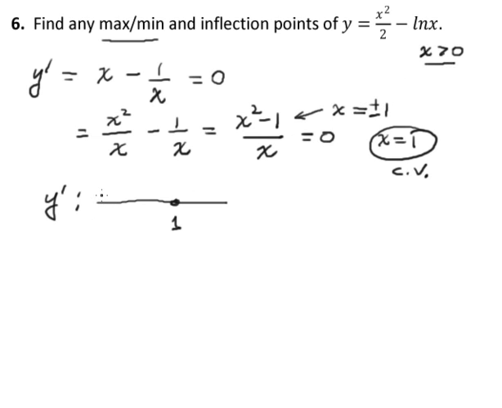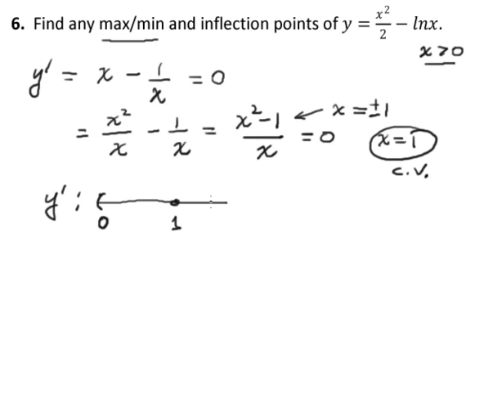All right, so this line will start at 0, or to the right of 0, not including 0. Now let's do a plus minus analysis. We're going to evaluate y prime to the left of 1 and to the right of 1.